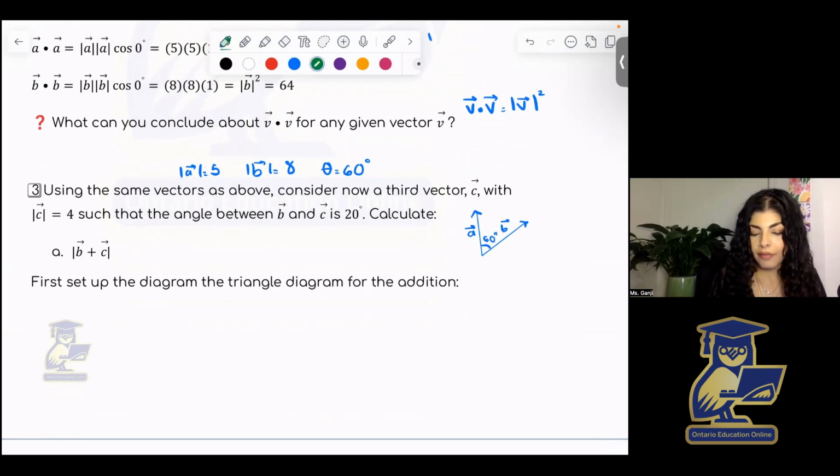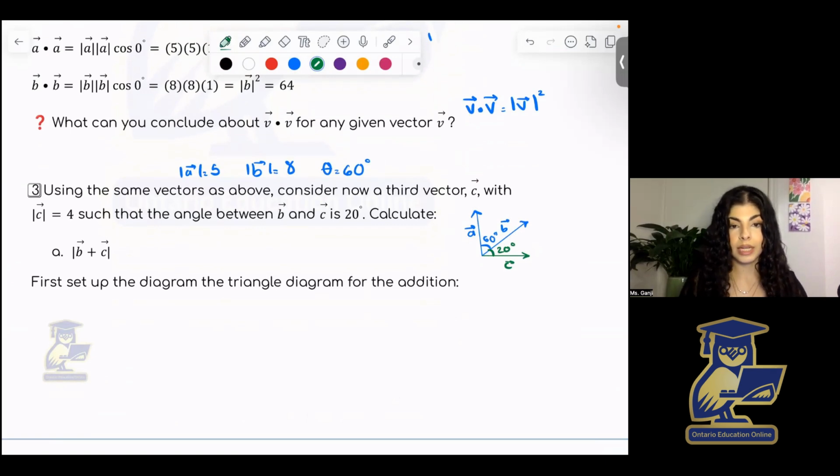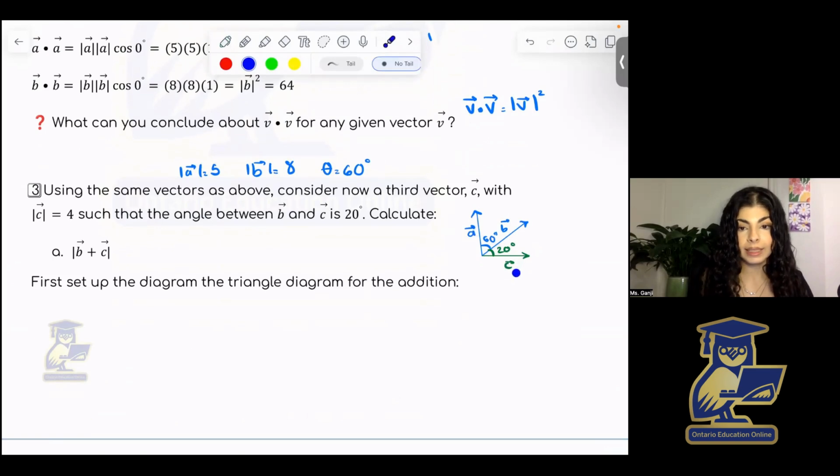Now we have the third vector here, C, and this is the angle that's 20 degrees. So really the angle between A and C is 80 degrees here, but we can conclude that from this diagram and just based on these two different angles that were given. So here we're just first asked to find the magnitude of B plus C.